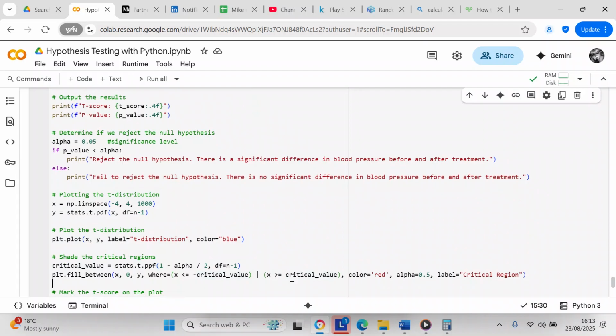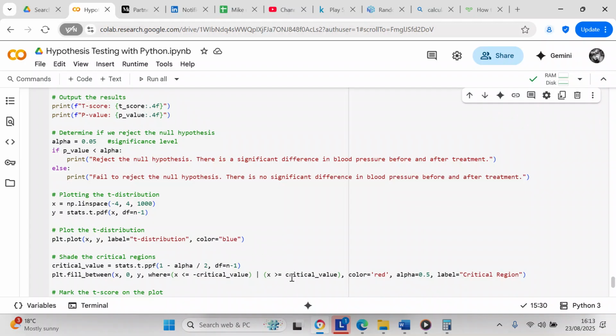Now we shade the critical regions. critical_value equals stats.t.ppf(1 minus alpha divided by 2, df equals n minus 1). Here t is the t-distribution, ppf is the percent point function, alpha is 0.05, and df equals 7.